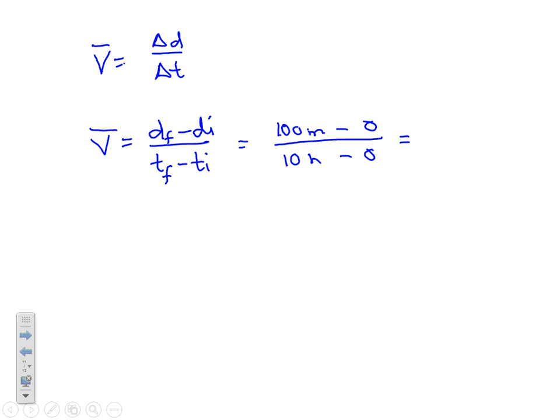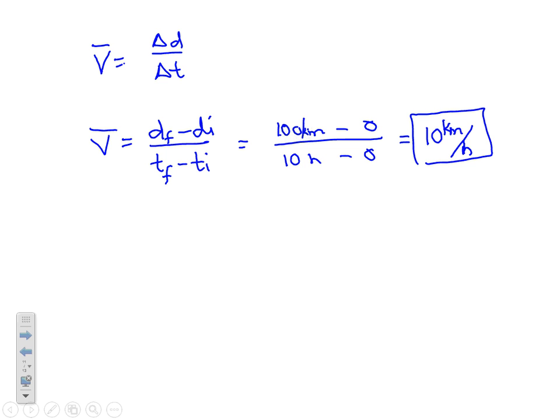The math is easy. It's here to show you how to do stuff. And we get 10 meters per hour. Nice and slow, huh? It's a vacation. You go slow. Oops, it's kilometers per hour. That makes more sense.